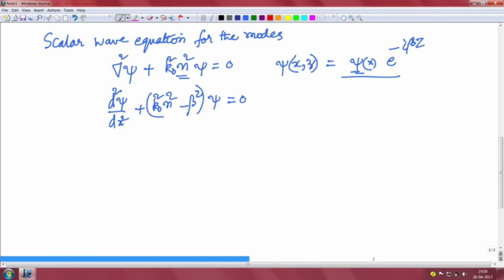We can split this differential equation into three portions, psi 1, psi 2, psi 3, in each of these regions.